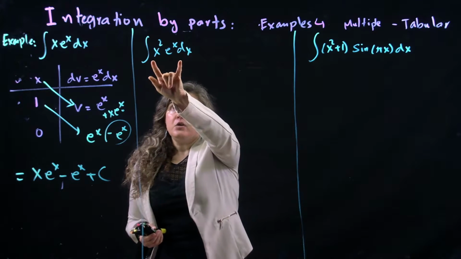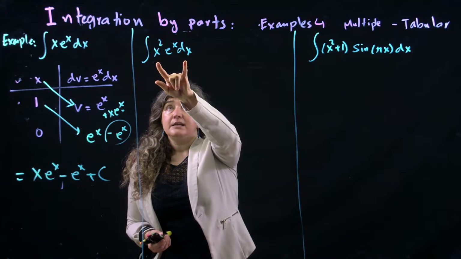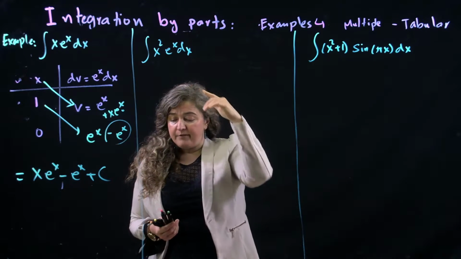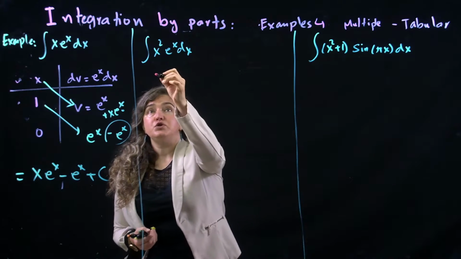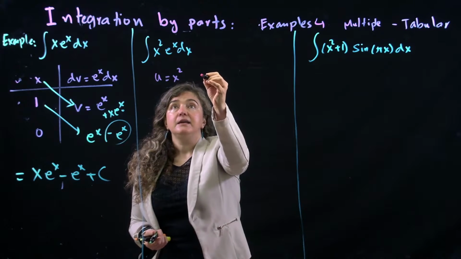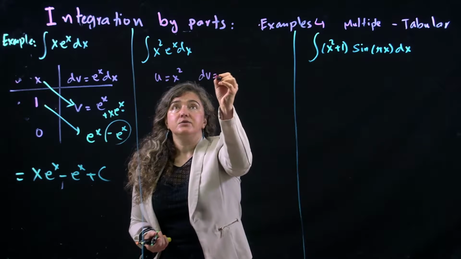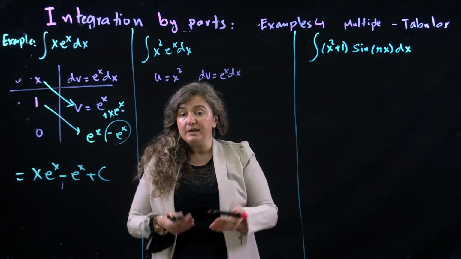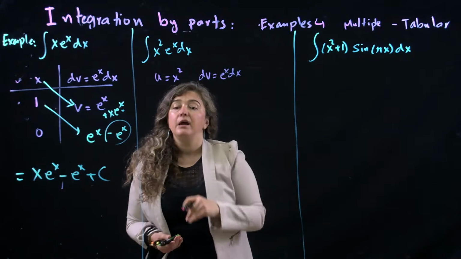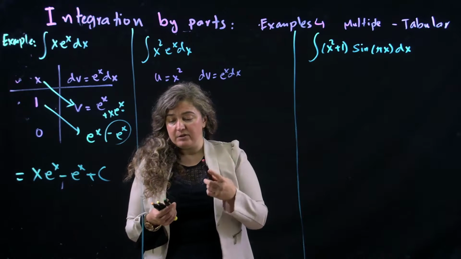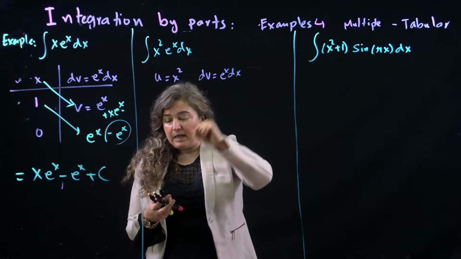Again, the integral in here is x squared e to the x dx, and my first instinct is to choose u to be x squared, and then dv to be e to the x dx, in the hope that taking the derivative will reduce the degree of x, and I know how to take the antiderivative of e to the x.